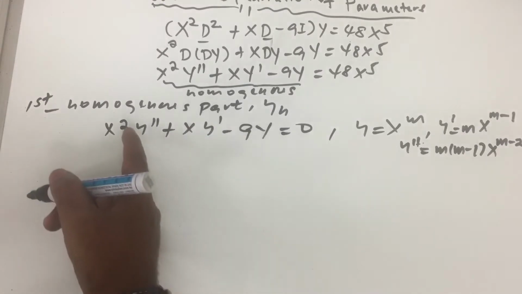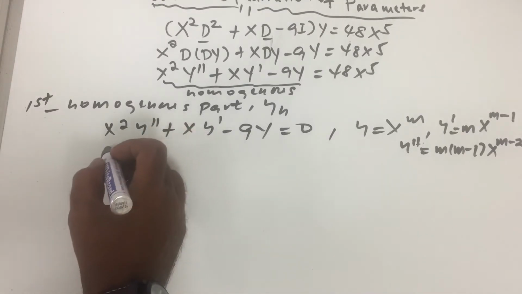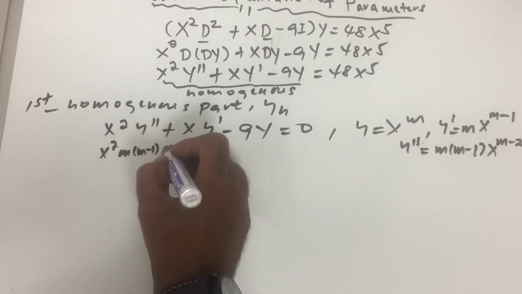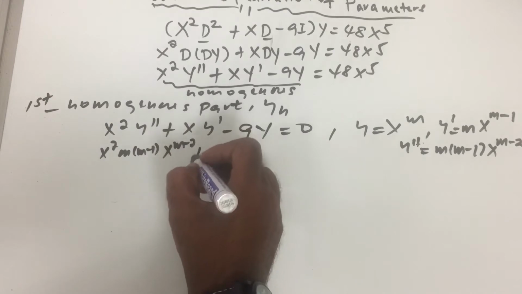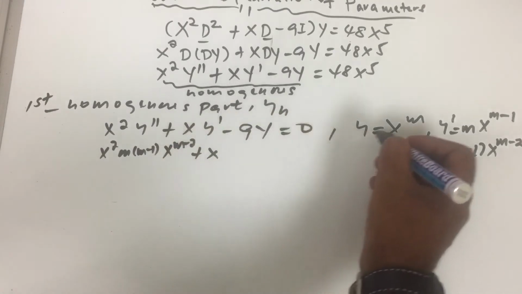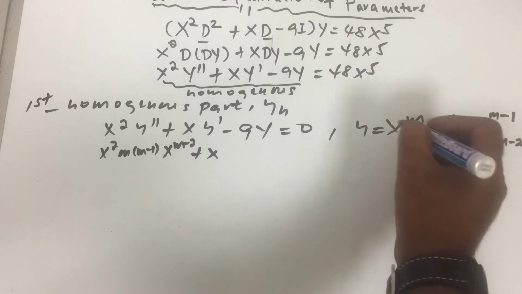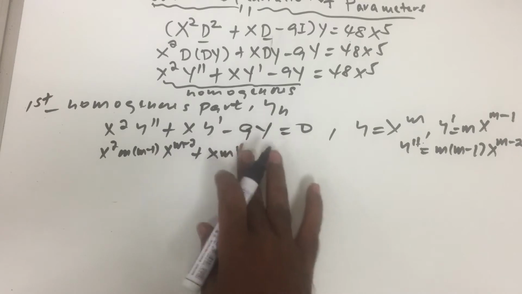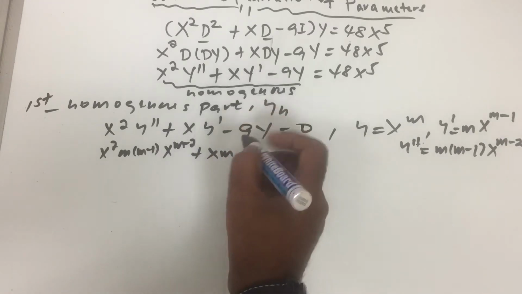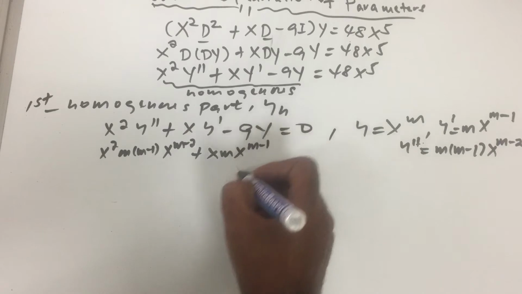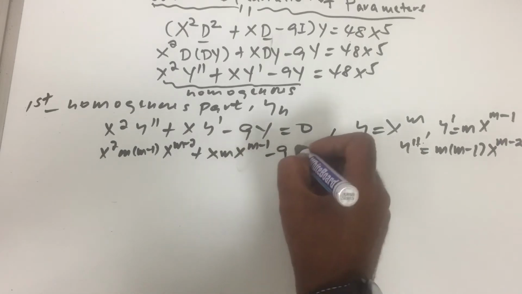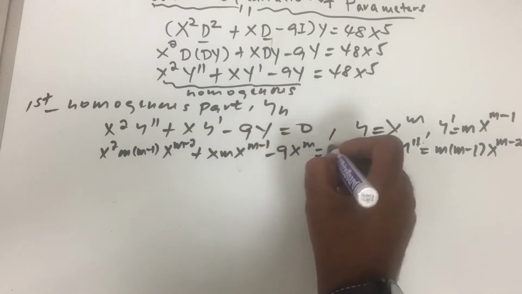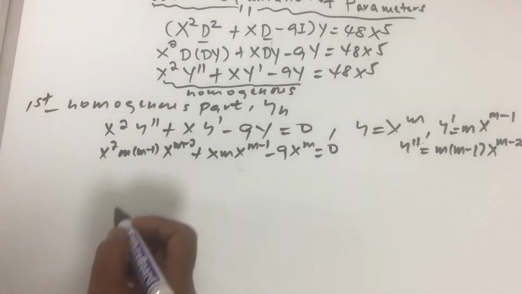Substitute this back into the original equation: x squared times m(m minus 1) x to the power of m minus 2, plus x times the first derivative of the solution, which is m x to the power of m minus 1, minus 9 times the assumed solution x to the power of m, equals 0.